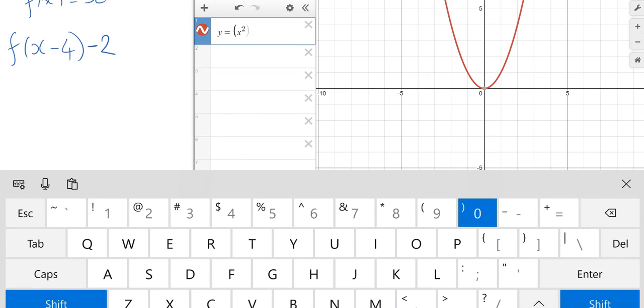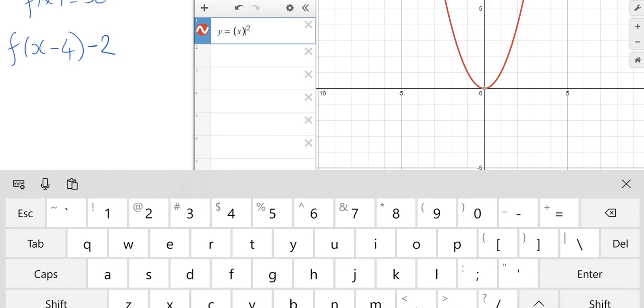So there's my x squared graph. What would f of x minus 4 minus 2 look like graphically? So algebraically, this means I need to replace x with an x minus 4, so x minus 4 all squared, and then I've got to take away 2 afterwards. So that's what I'll be typing in. What is that going to look like graphically?